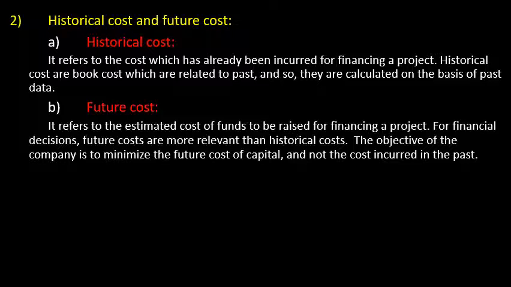The objective of the company is to minimize the future cost of capital, not the cost incurred in the past. The main objective of the company is always to reduce the future cost of capital, not the historical cost. So that is about historical cost and future cost. Future cost is more significant than historical cost.